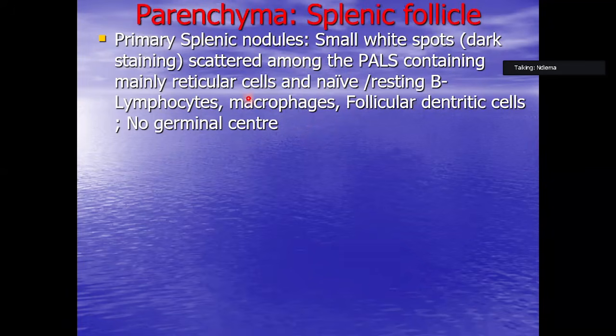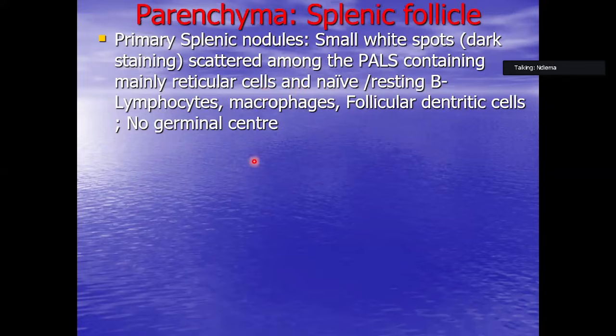The splenic follicles will be having lymphocytes, both B lymphocytes stage. It will be having macrophages, which are very important, and also follicular dendritic cells are very important, playing a role as antigen presenting cells. This presents the antigens to the B lymphocytes and also to the T lymphocytes.